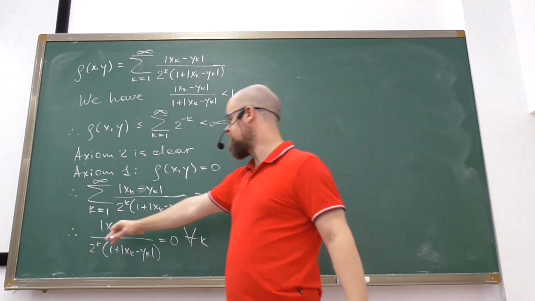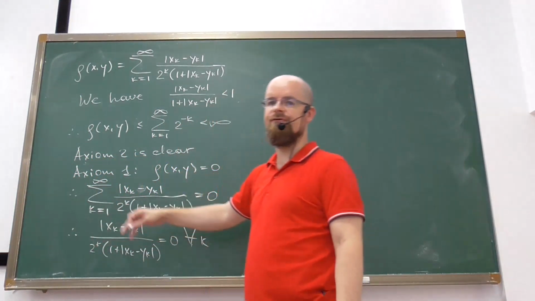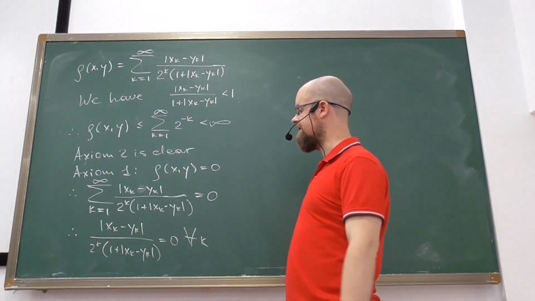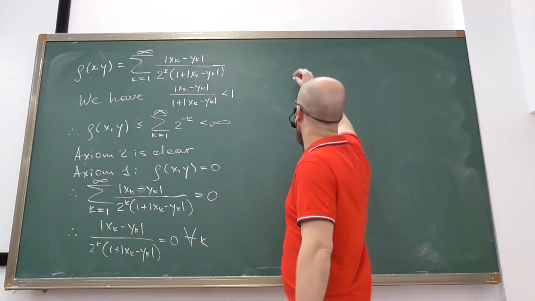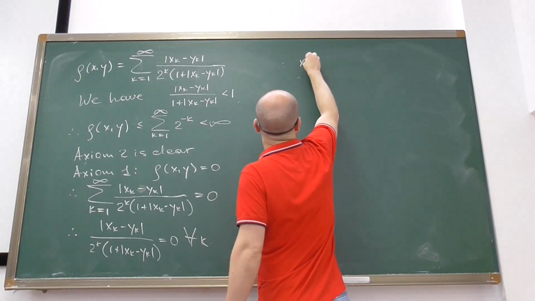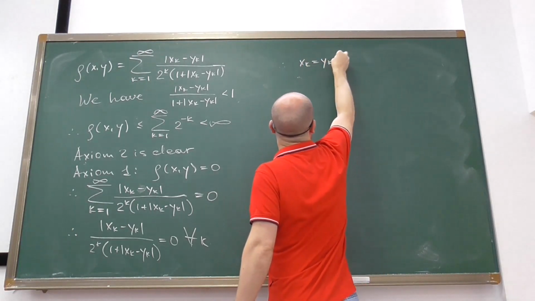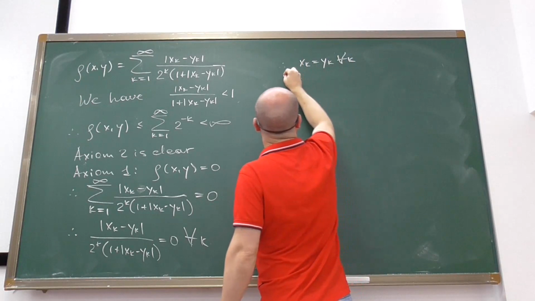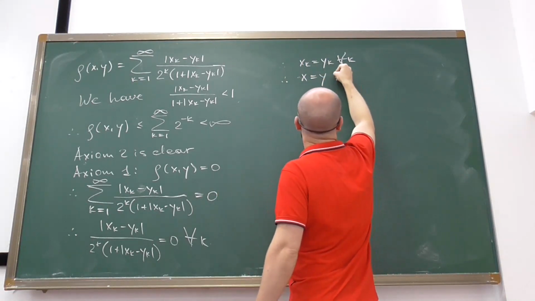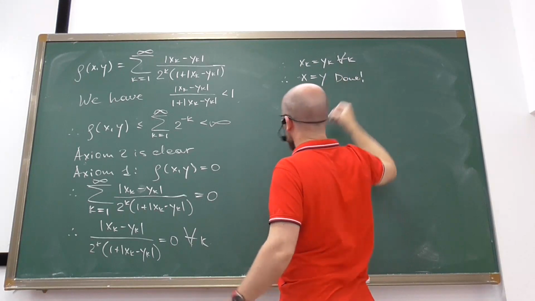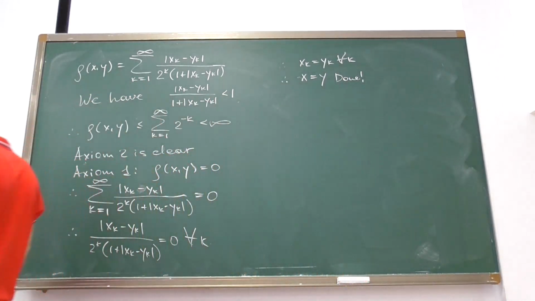Well, and from here we just conclude that this expression is 0, which means that xk equals yk, which is exactly what we want. So done with axiom 1.